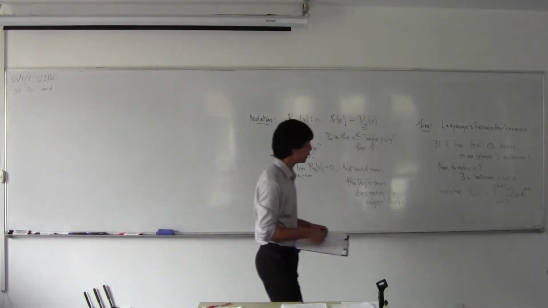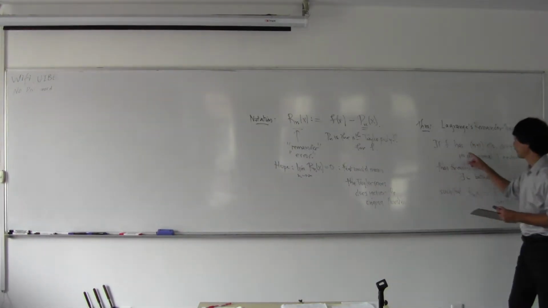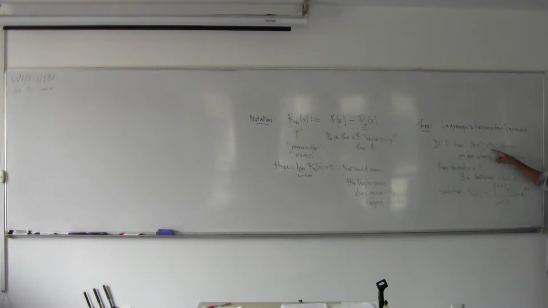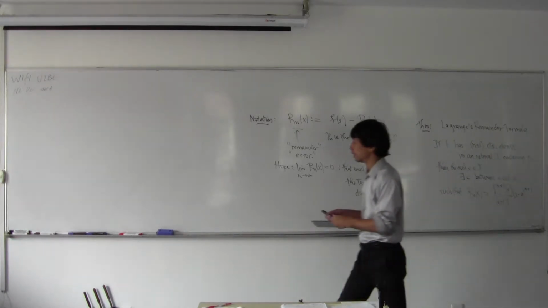I'll read it again. If f has n plus 1 continuous derivatives in an interval containing a, then for each x in that interval, there exists a point between x and a where the error equals this thing here. So let me try to set it up.